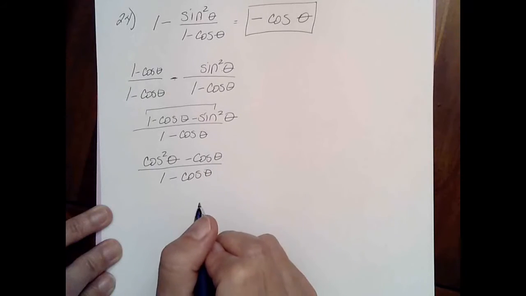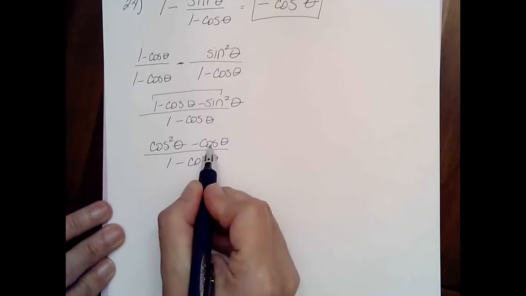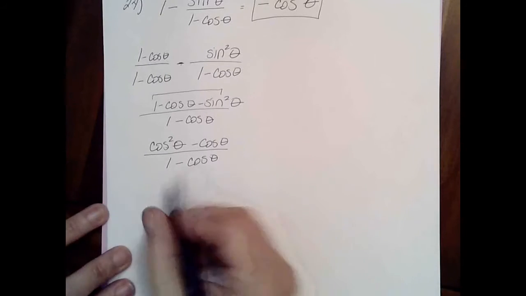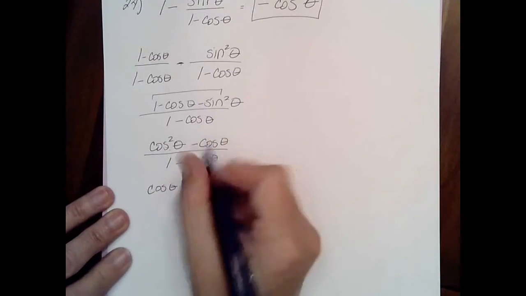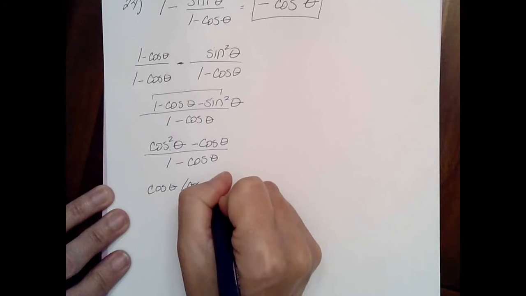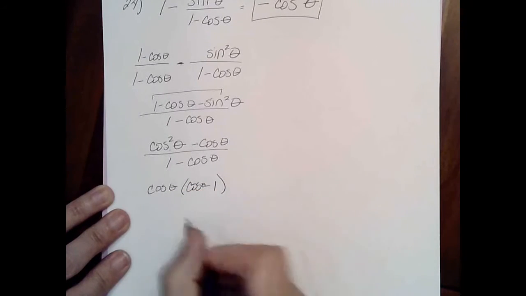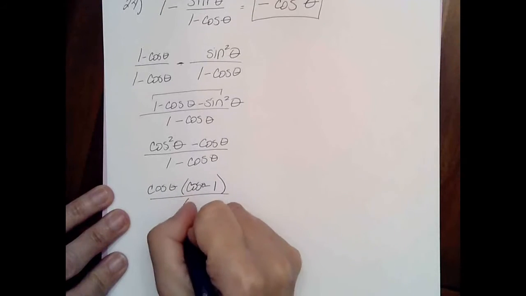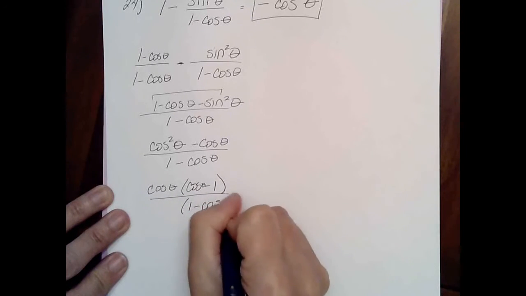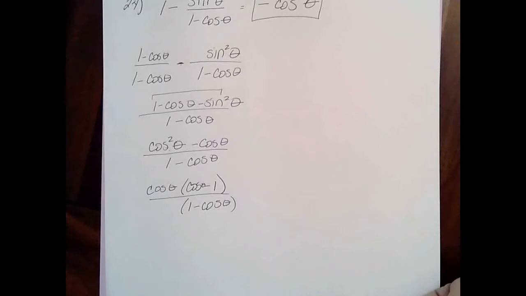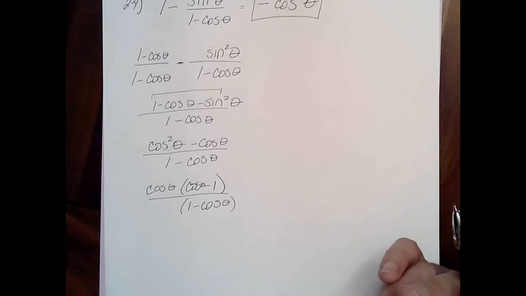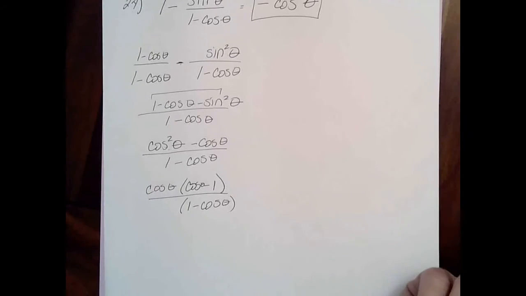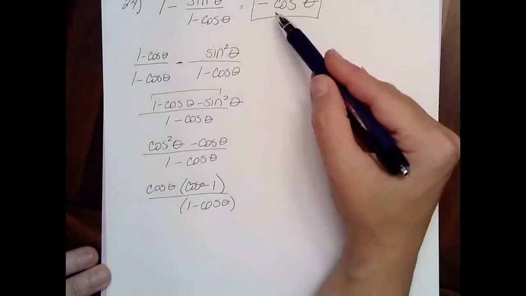Common factor here is going to be the cosine, and it's going to be cosine theta minus 1. Okay, these are opposites of each other. You've seen this before in algebra. You may have only seen it a few times. It might not have been a big thing. Here's the story, Morning Glory. Glance ahead at what you want the answer to be. We want it to be negative, right?